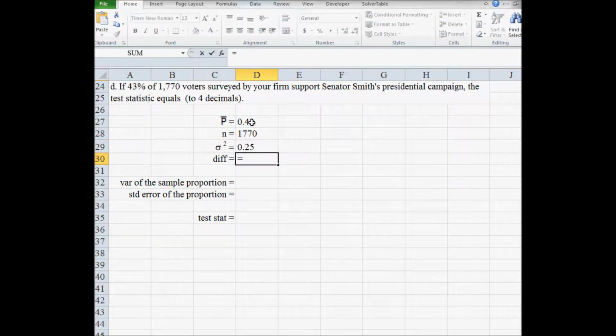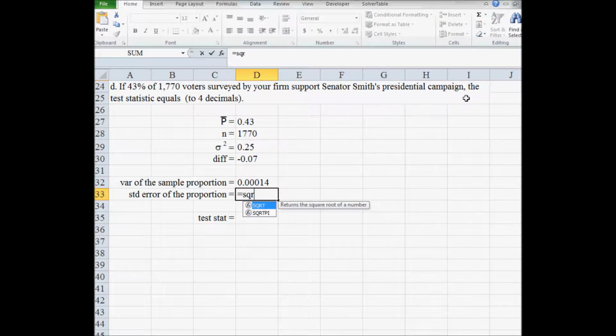The difference is no different than it was before. It is equal to the sample proportion minus the hypothesized proportion, 0.5. The variance of the sample proportion is much smaller than it was in part C because we're dividing the same sigma squared by a larger sample size.